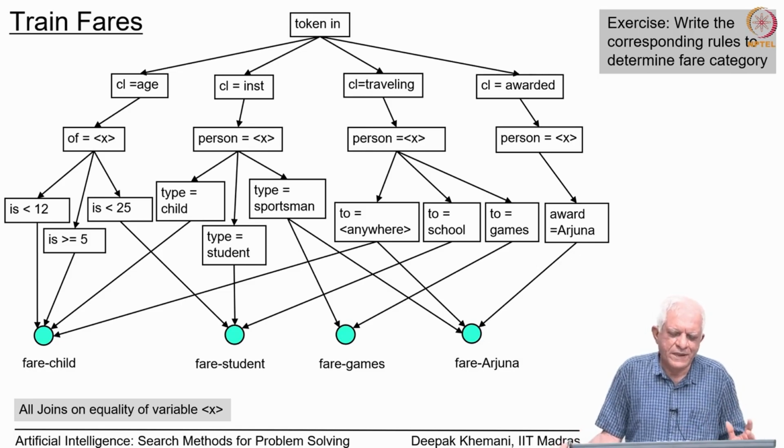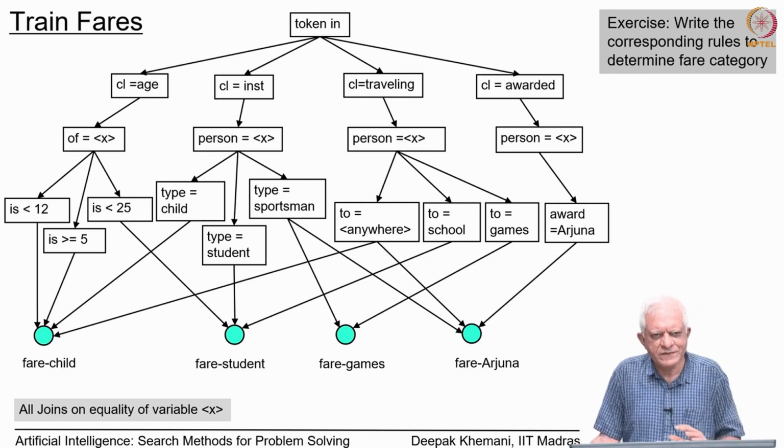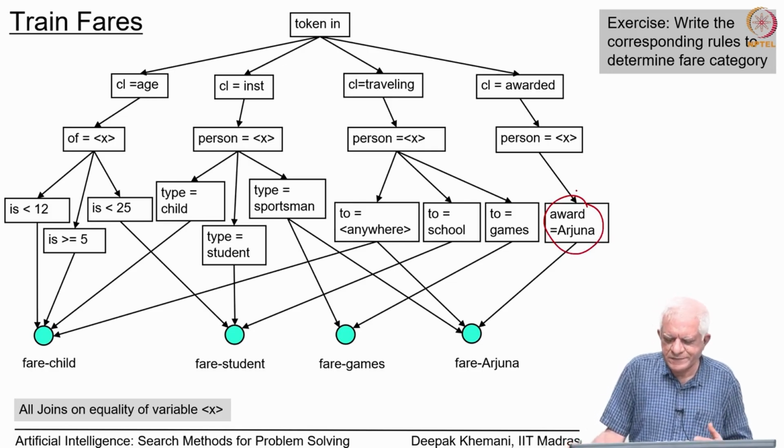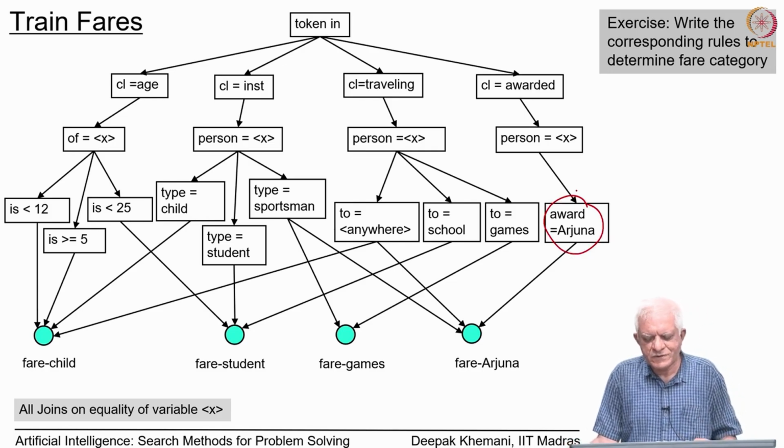In India, a lot of times we get different kinds of concessions, we have to pay different fares depending on who we are. For example, students have concession if they are travelling to college, and Arjuna awardees probably get to travel free, and so on and so forth.